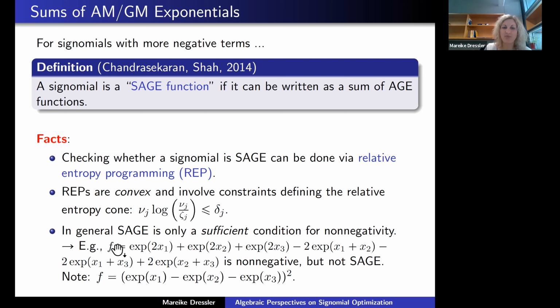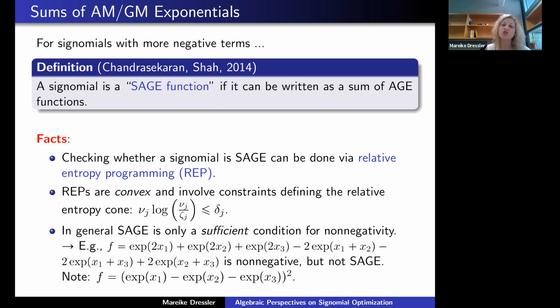One such example is this signomial here. We have two negative terms involved, and we see that this signomial is non-negative by expressing it as in the last line, because it's a square, so obviously it's non-negative.